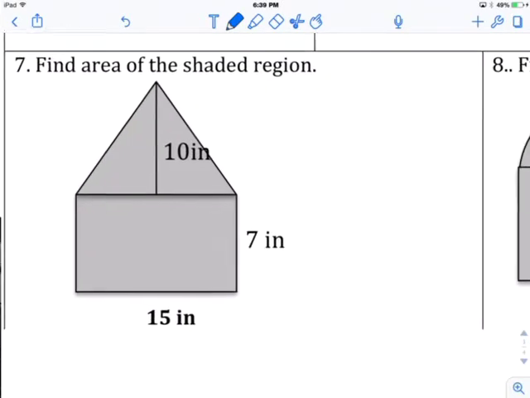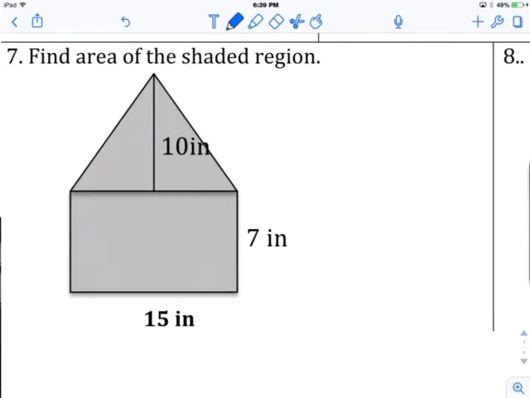Area of shaded region. I think in most of my classes, at least I did this one. Okay. You got the triangle. 10 inches.